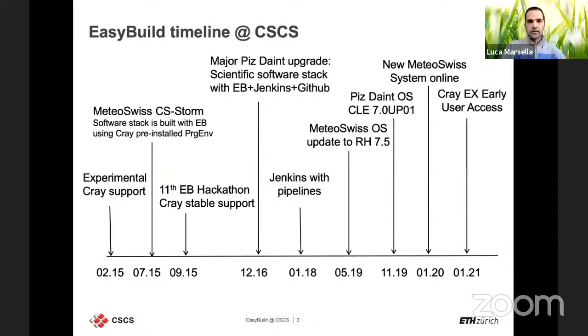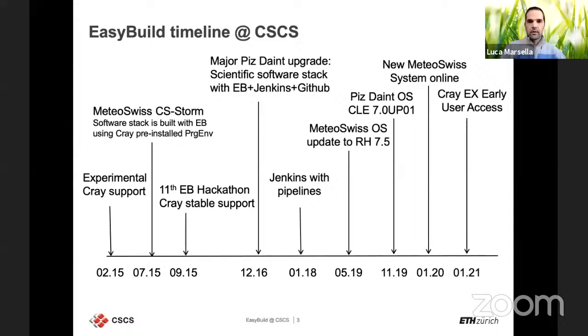Now, the EasyBuild timeline at CSCS began more than 5 years ago, starting with an experimental Cray support developed by Kenneth with Petar Forai and Guilherme Peretti-Pezzi, that ended with the stable support for Cray systems with the 11th EasyBuild hackathon at the end of 2015.